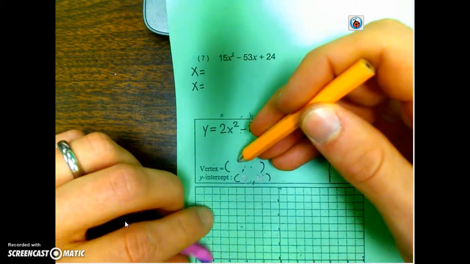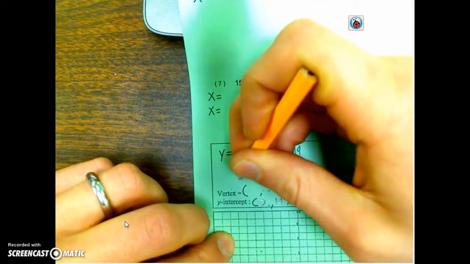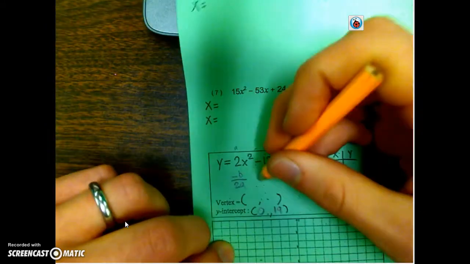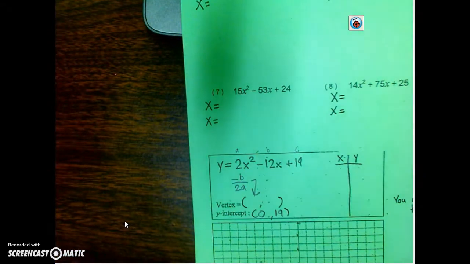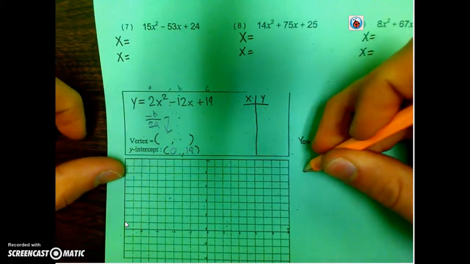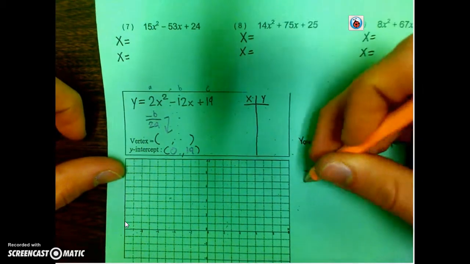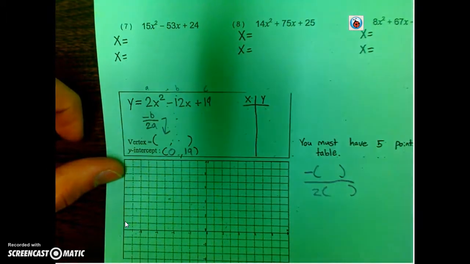To find the x-coordinate of our vertex, this is that negative b divided by 2a. This negative b divided by 2a is going to tell us the x-coordinate of our vertex. So I'm going to come down here into this open space and calculate it. Here's my negative b divided by 2 times my a. I'm going to plug in my values.